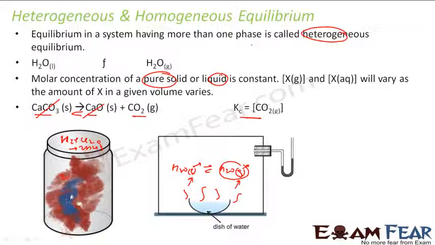Such kind of equilibrium where all the chemicals, whether they are the reactants or products, are in the same phase is called homogeneous. And the one in which there is more than one phase, for example my water evaporates, we have a liquid phase and a gas phase, this is called heterogeneous equilibrium.